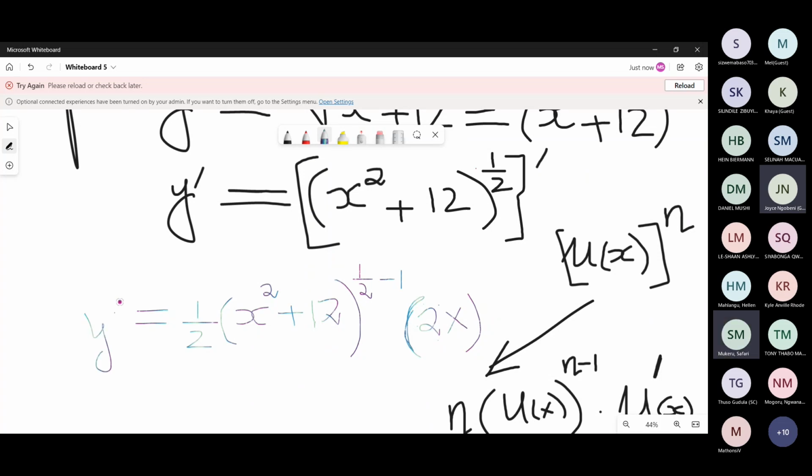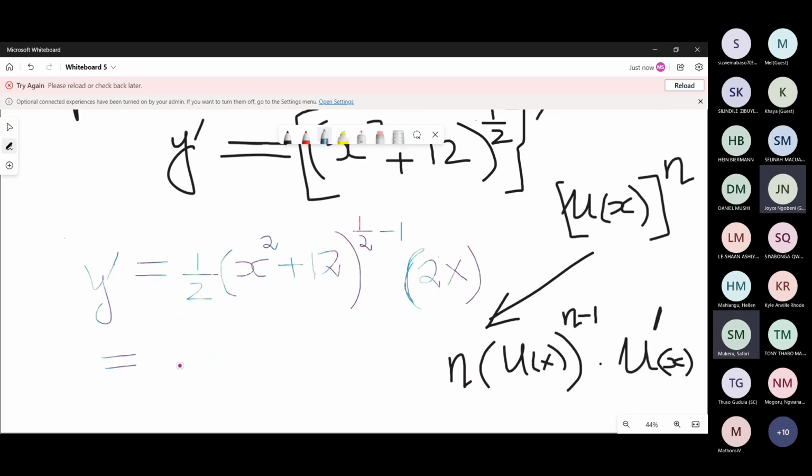You can continue to simplify and write, but this is done. There's no more. I can stop here, but maybe we can now simply write 1/2, x power 2 plus 12.